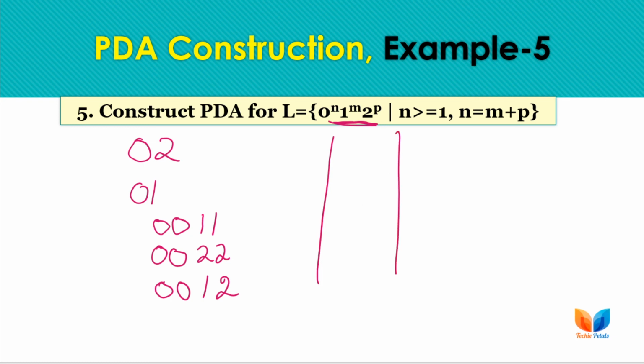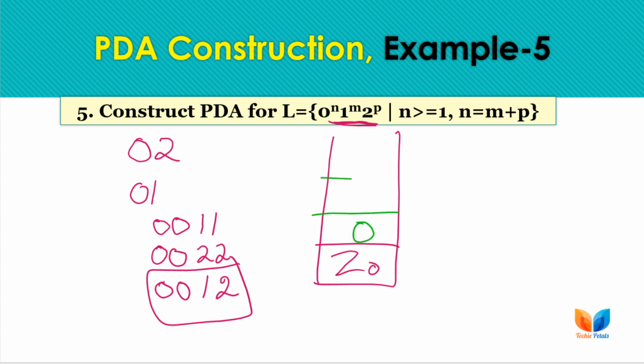Suppose we have this string as input. It has two 0s, so we push both 0s onto the stack. Once we start getting 1s, the push operation is over. For this 1 we have to cancel out a 0, so we pop one 0 from the stack.